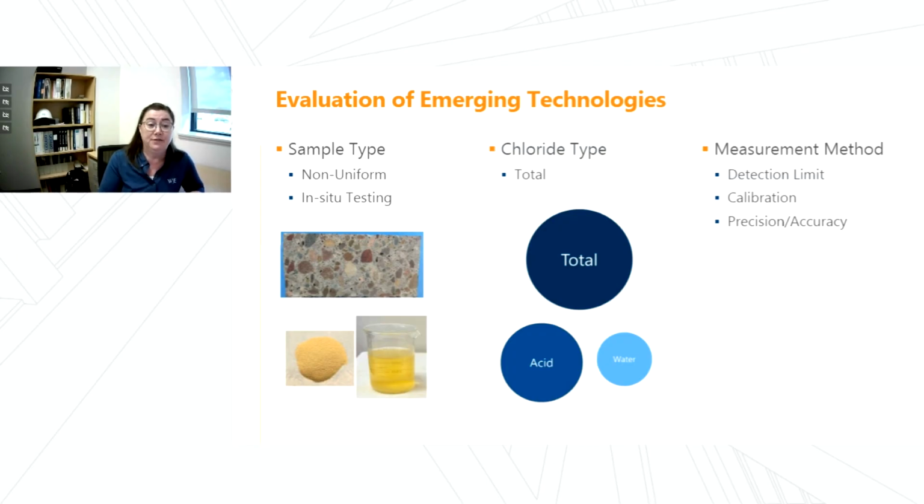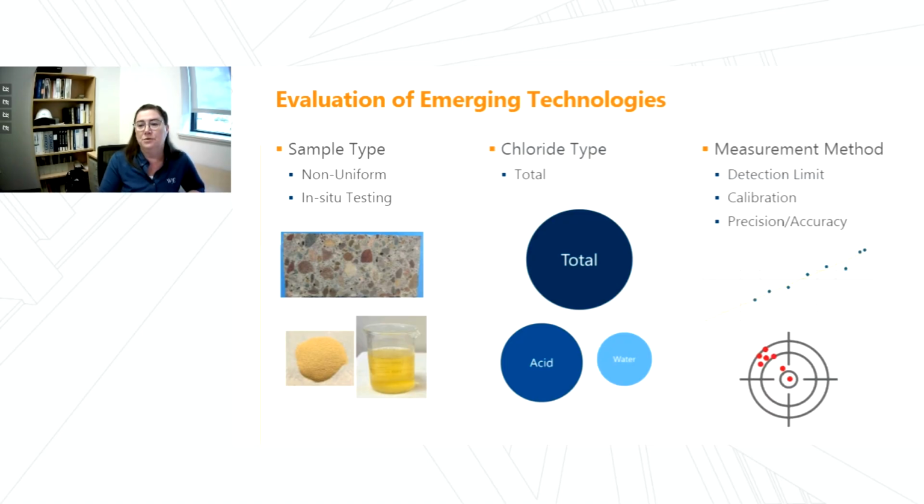We want to be able to see the difference between the paste and the aggregate, but we need to think about how we're going to use that information and use that data, because the majority of the guidelines and specifications in place are all based on acid and water-soluble chloride. So we need to think those through when we're using our chloride data.